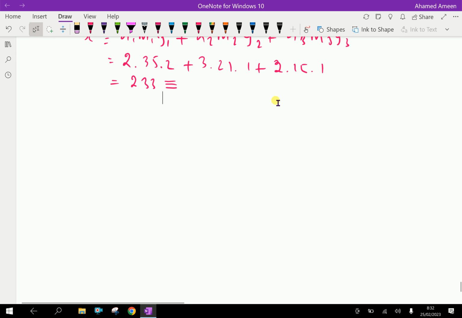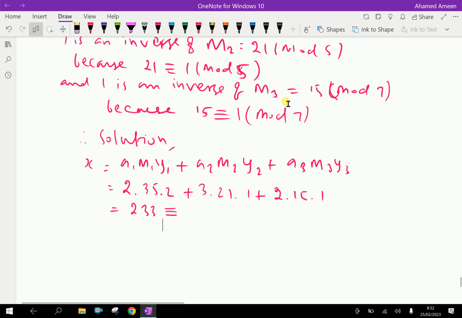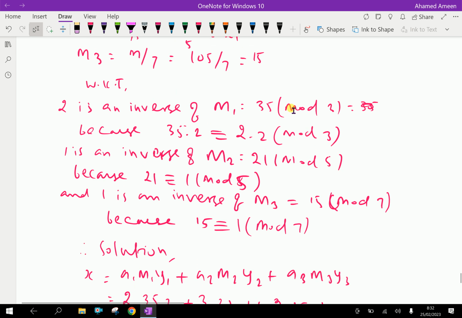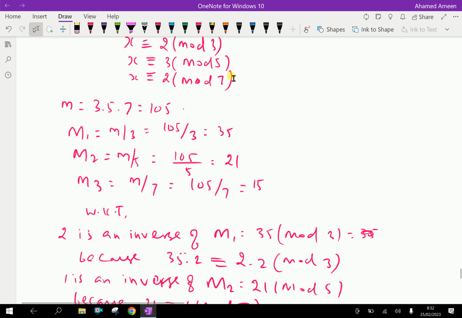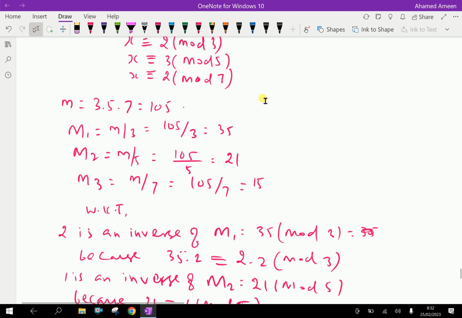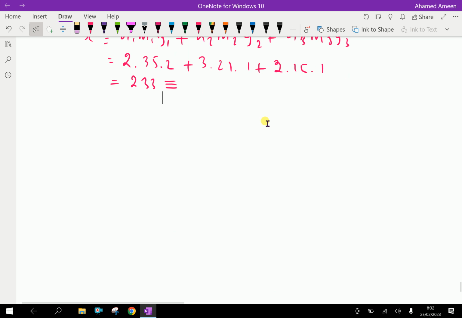Then we take it mod 105. 233 divided by 105: 2 times 105 is 210, and the remainder is 23.